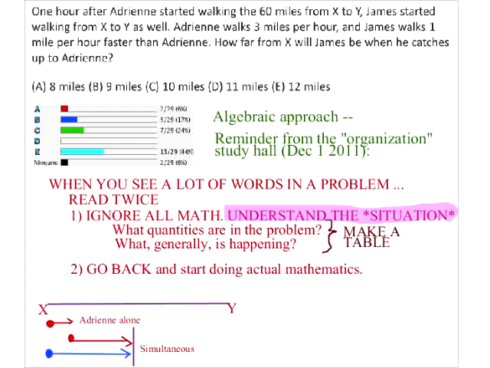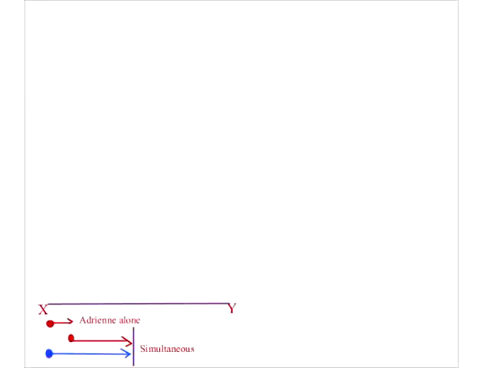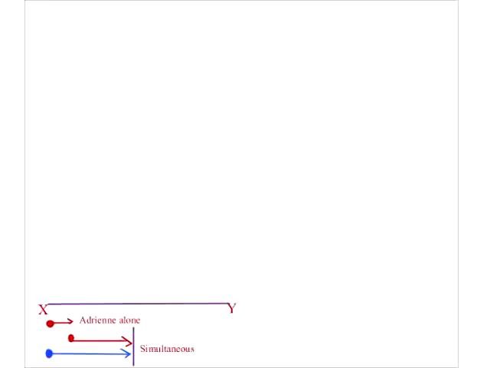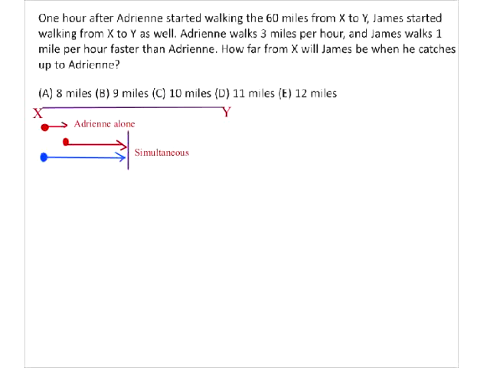So let's carry this over to the next page as well as the picture. So let's talk about a couple of algebraic approaches. Here is what happened. Okay, so here's your picture. So the table here is pretty easy to make because it's just a regular rate table.